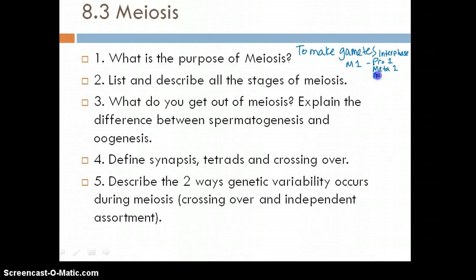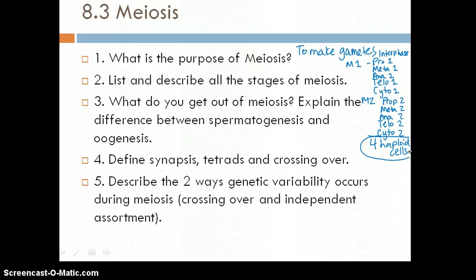Prophase 1, metaphase 1, anaphase 1, telophase 1, cytokinesis 1, and then we go to meiosis 2: prophase 2, metaphase 2, anaphase 2, telophase 2, and then cytokinesis 2. At this point, we get 4 haploid cells. What do you get out of meiosis? Here we go, 4 haploid cells.